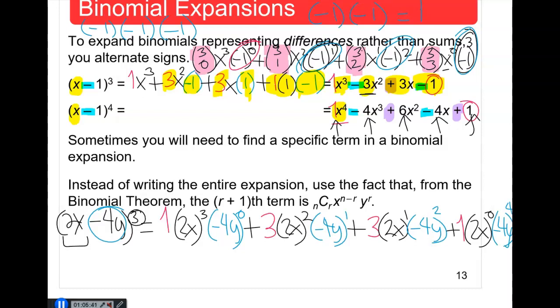So let's go ahead and reduce this. So it will be equal to 1 times, from 2x to the third power, I have to raise 2 to the third power, which is 8, because 2 times 2 times 2. And then x to the third power is just x cubed.